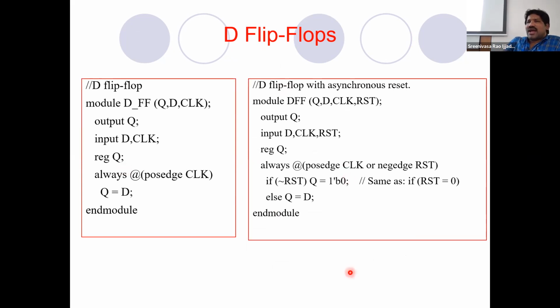Okay. So as I told you, in behavioral modeling, we don't bother about whatever the gates and whatever the continuous assignment statements, all the things. Just we should know how the circuit is behaving, how the data is flowing, and based on that, how the algorithms are working and how the architecture can be implemented.